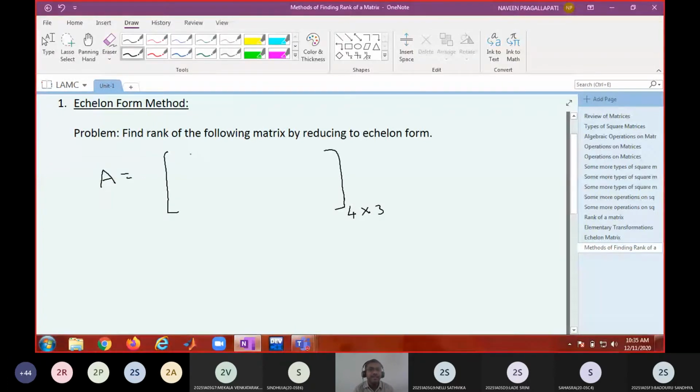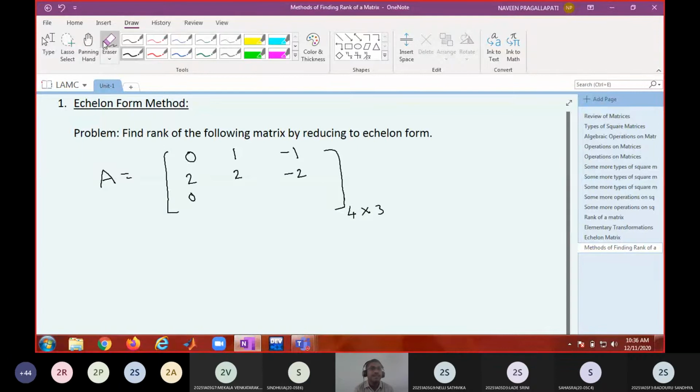Can I take 0, 1, -1? Next. 4 is relatively bigger, you can tell me some other smaller number. 2, -2, 0.